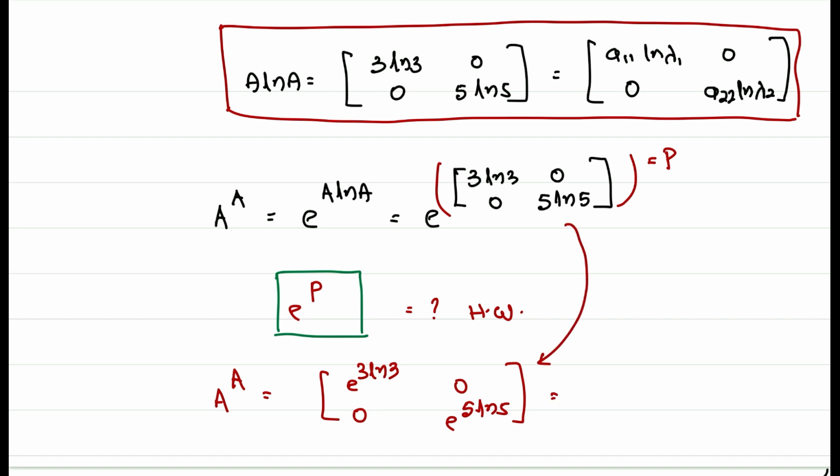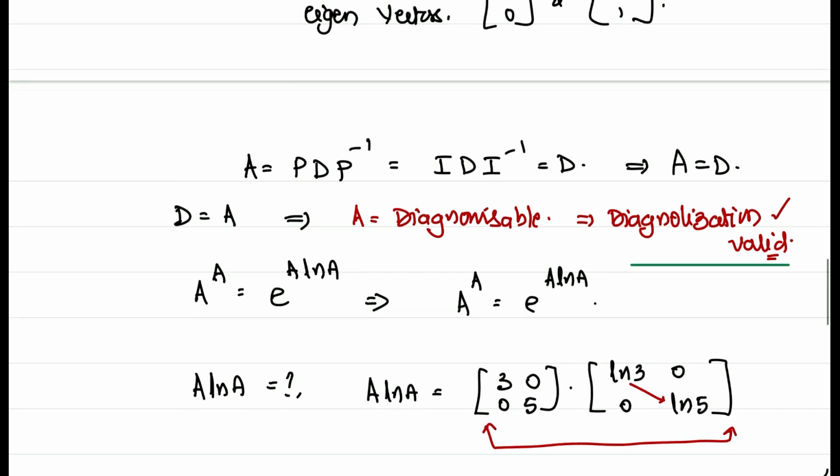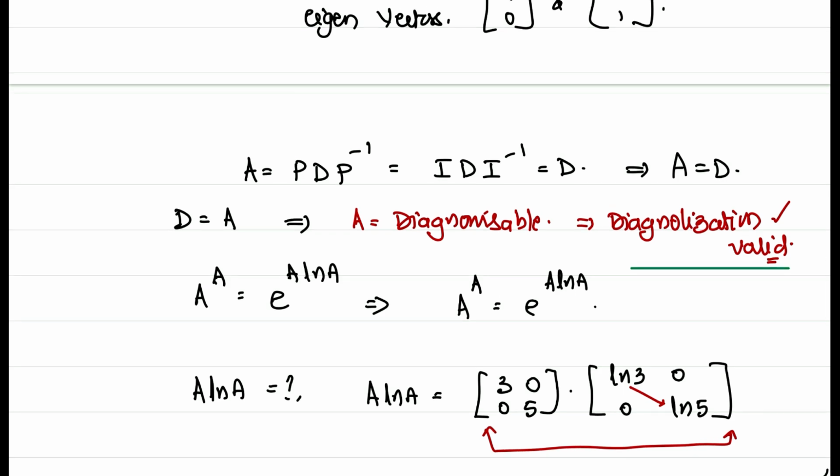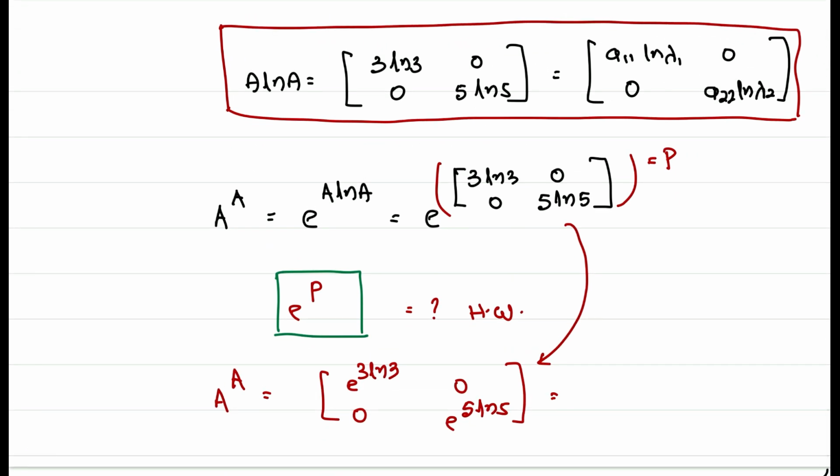From this, what is e to the power of 3 ln 3? I have already told you, e to the power of A ln A is nothing but A to the power of A. In a similar manner, e to the power of 3 ln 3 is nothing but 3 cubed, and the other entry is 5 to the power of 5.